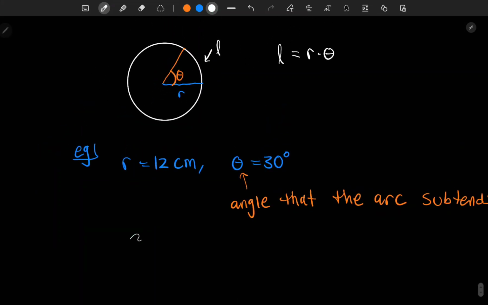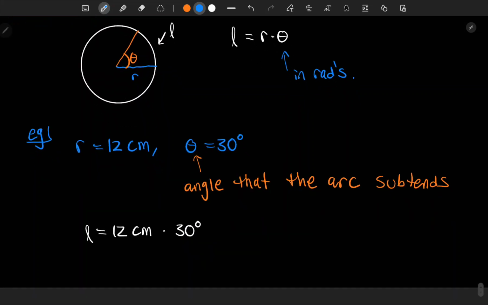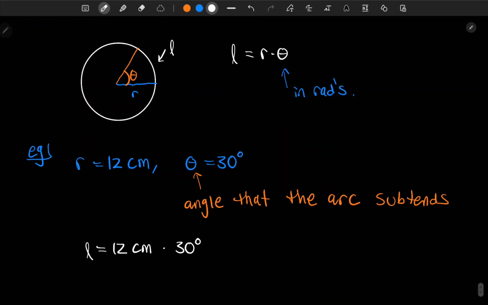Then what we find is that L is equal to 12 centimeters times 30 degrees. But it's important to note that this L value is computed assuming that theta is in radians. So we have to convert 30 degrees to radians. But we know how to do that. All we have to do is multiply by 2 pi divided by 360.